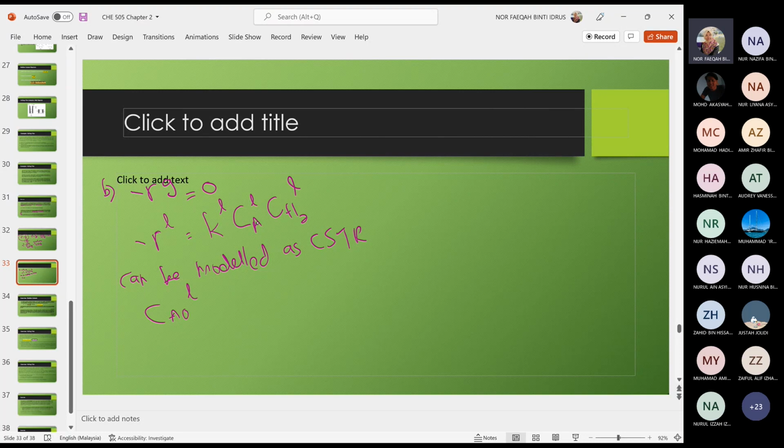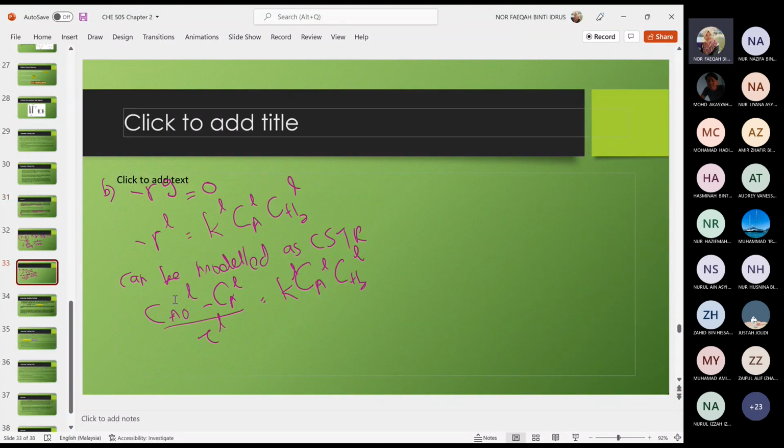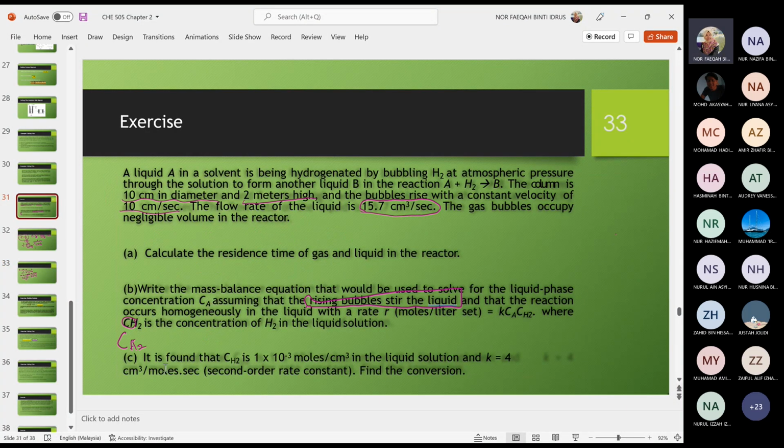CA0 in liquid phase minus CA in liquid phase, divided by tau L, equals kL CAL CH2L. This is to answer question B, where it says write the mass balance equation. So this is the answer. This is the mass balance. And finally, question C, where you calculate.